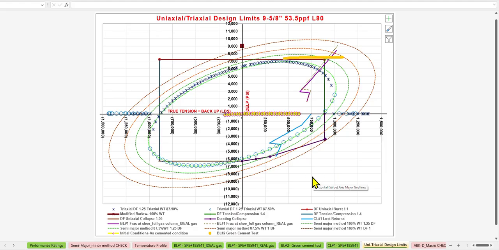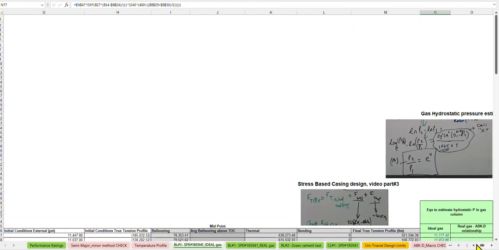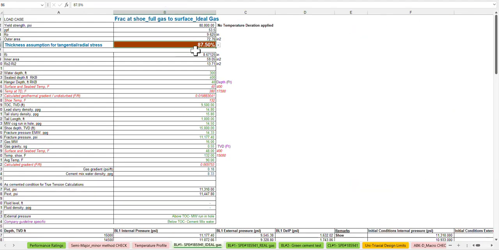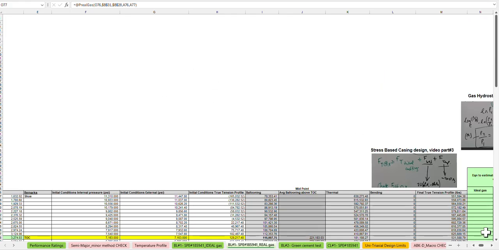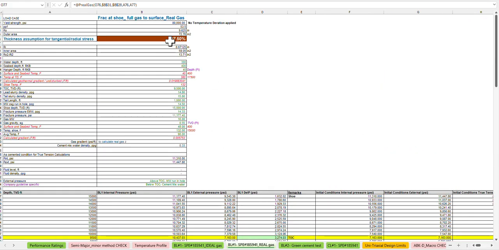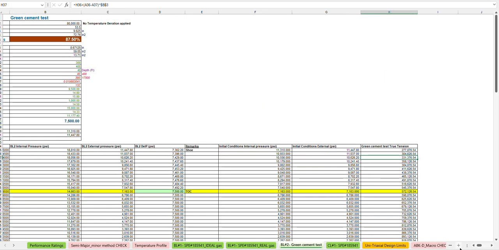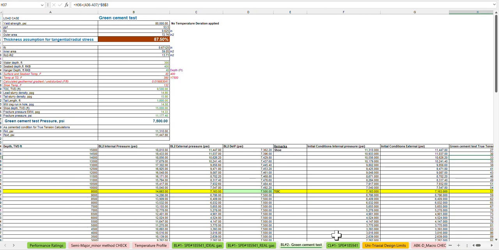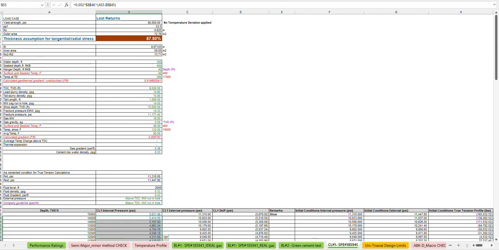So we have covered different load cases here, which I think I forgot to talk about. In my load cases at the moment, I have 87.5% wall thickness set, as you see, so that the limits and the load cases are comparable.